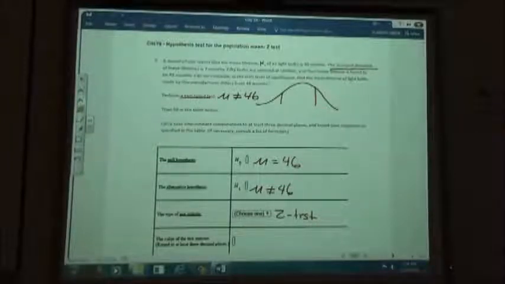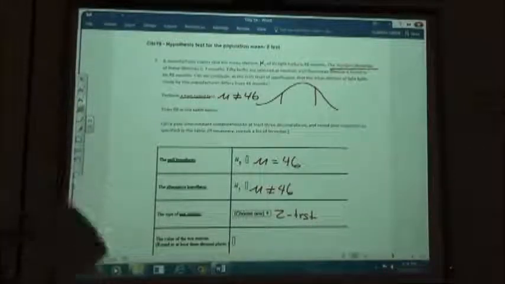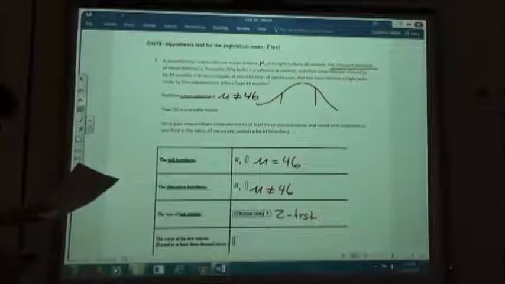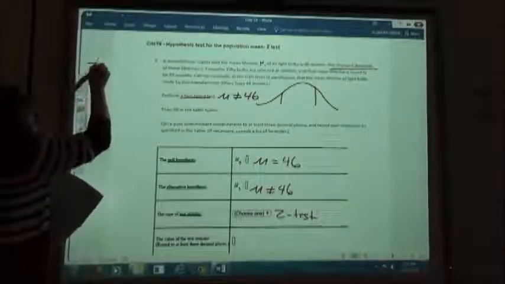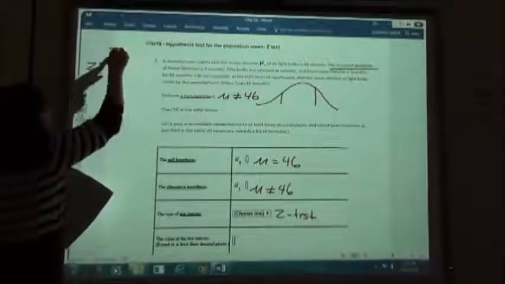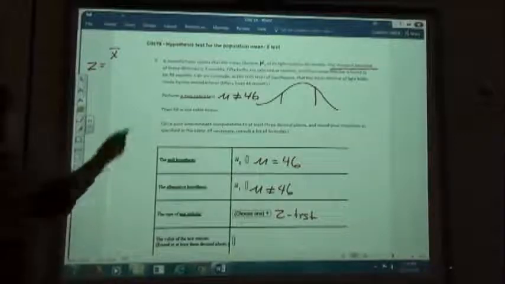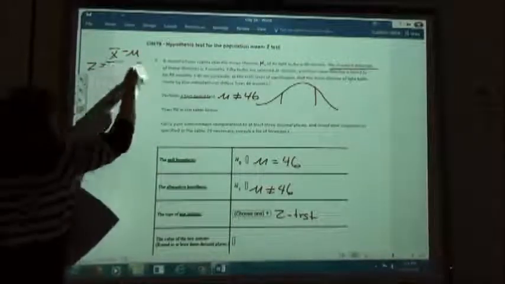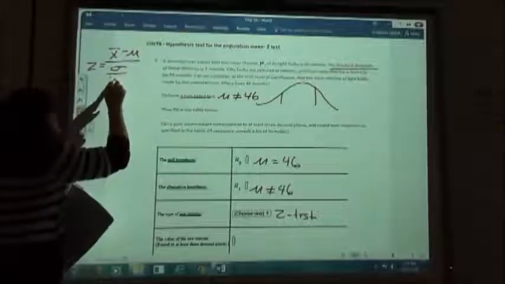We are then going to find the value of our test statistic, which is our critical value, which we did on homework 7, and we used the formula that looked like this. Z equals the sample mean minus the population mean over the standard deviation divided by the square root of n.